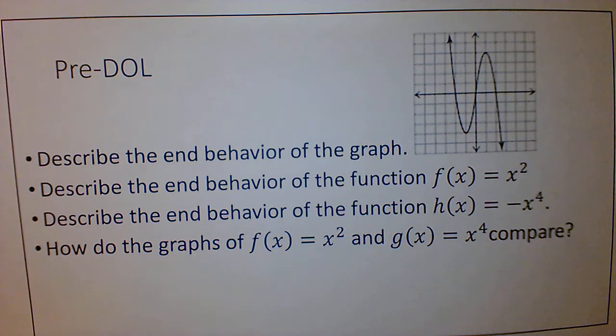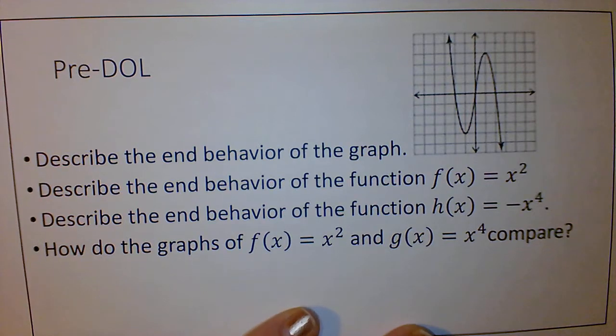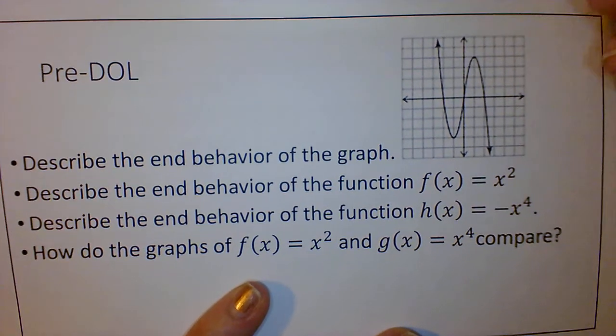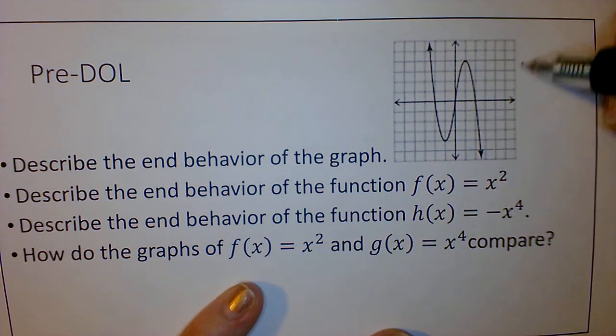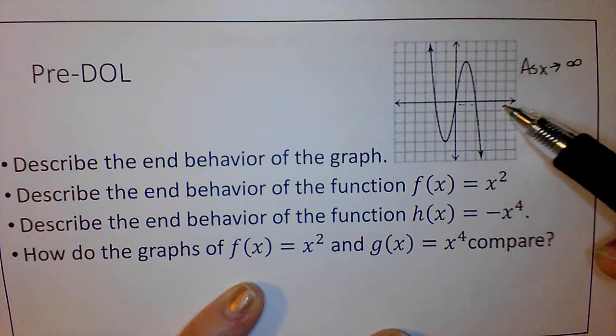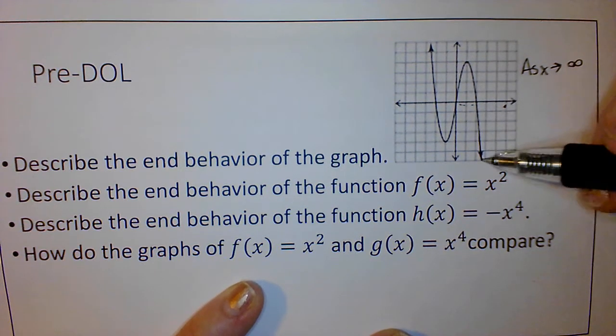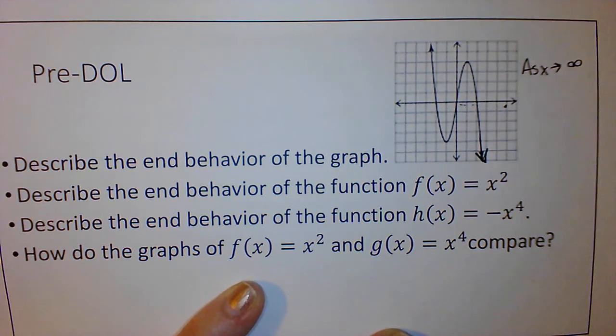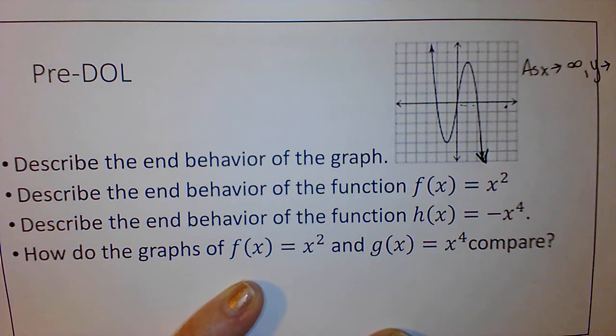All right, question 1 wants us to describe the end behavior of the graph. So here's our graph. Again, your end behavior should have 2 parts to it. The first part is the positive, so as x approaches positive infinity, as we go this way, it looks like our graph is going down. So that means y is approaching negative infinity. It is going down.